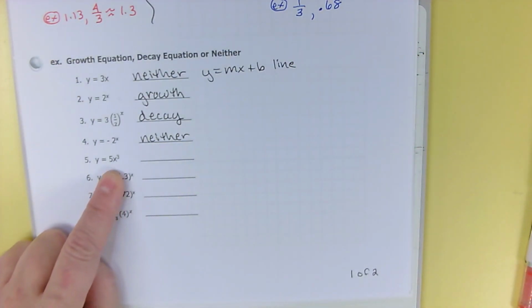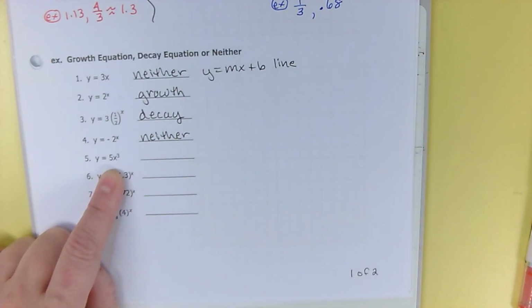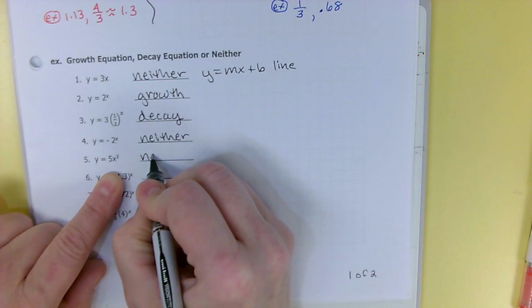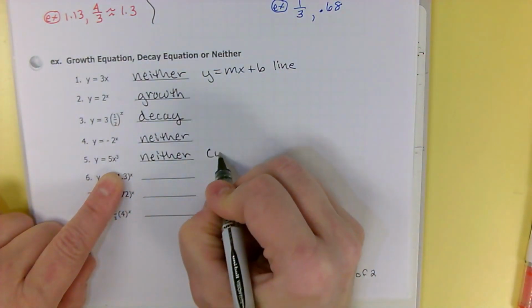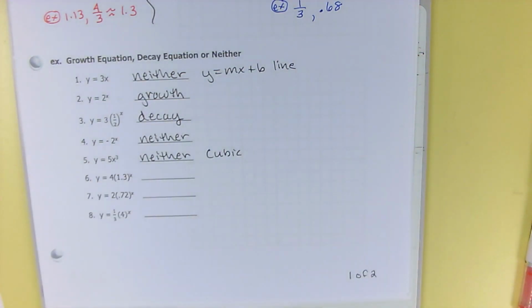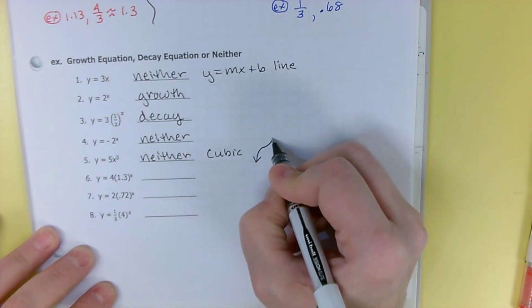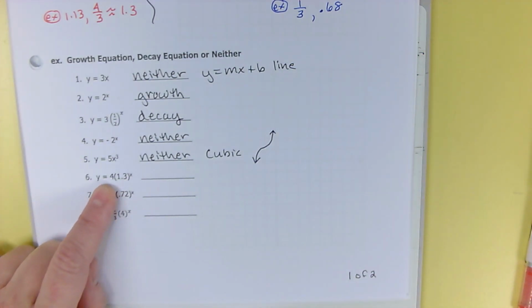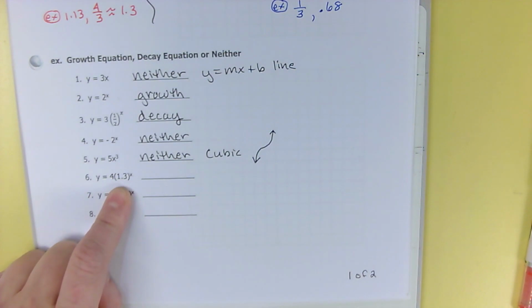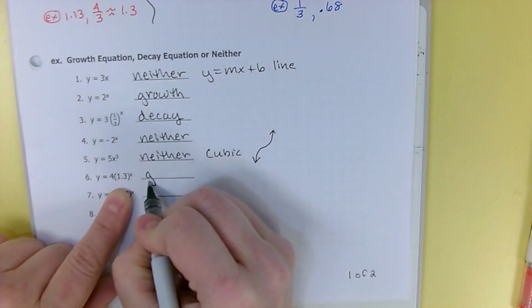Okay, number 5. On this one, the x again is not in the power position. So it's neither, because for an exponential, x has to be in the power. This is actually a cubic, and it looks kind of like an S shape going up or down. Okay, number 6. Our initial value is 4, and then the base b is 1.3. This is bigger than 1, so this would be growth.